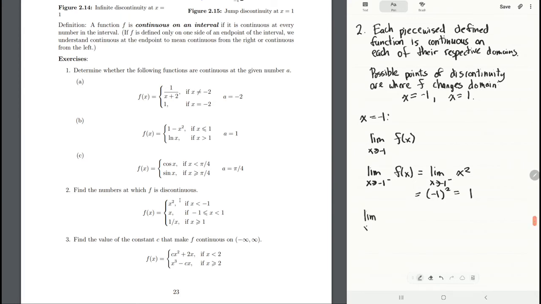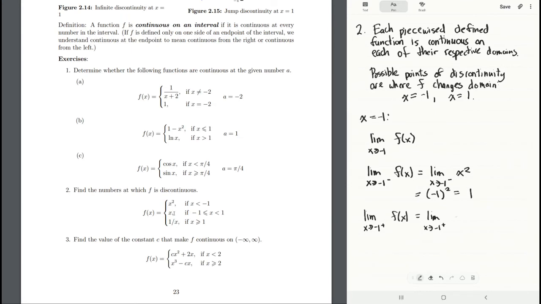Now if we approach from the right of -1, so now x will be slightly larger than -1, then our function f of x is going to be equal to x. Okay, so if x is greater than or equal to -1, but smaller than 1, then our function f will be equal to x.